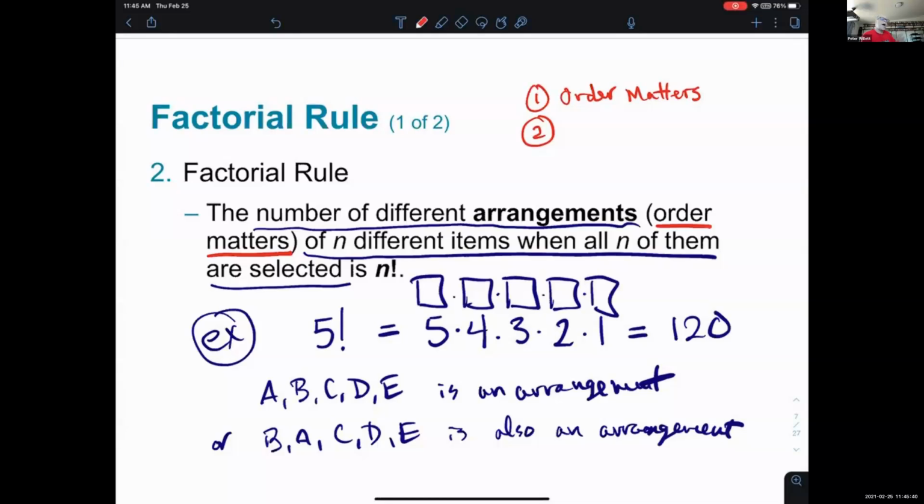And also, as you go down and you're choosing in your succession of choices, you don't get to pick the ones that were chosen from before. So the way that you can use a phrase to describe that fact is that you're making these choices without replacement. I'll just write that.